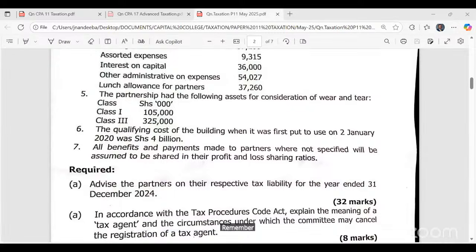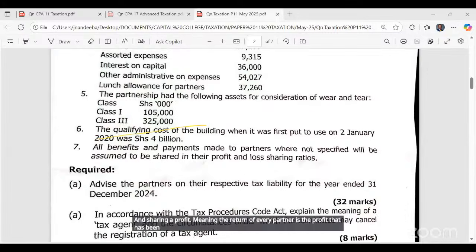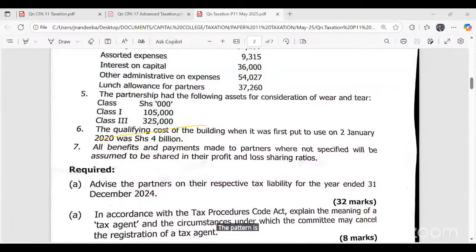Remember, a partnership is made of partners who have come together to do business in common for purposes of earning and sharing a profit. Meaning the return of every partner is the profit that has been made by the partnership. What does that mean?